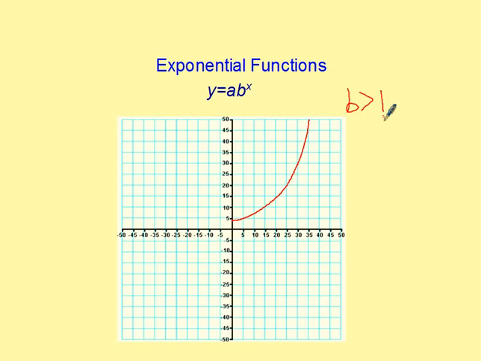Now, along with this exponential function, we get exponential decay. So I want you to know what it looks like if b is less than 1. Examples of that might be how far light penetrates down in a muddy lake, or the radioactive decay of something like a carbon-14 isotope when we're trying to date dinosaur bones.